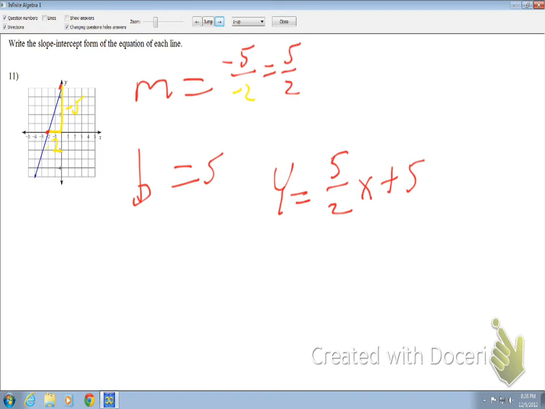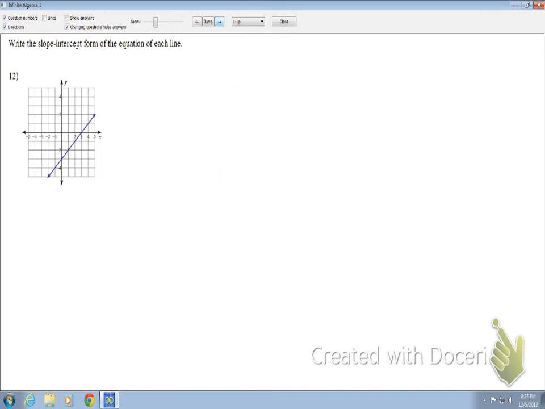All right, moving on to problem 12. Whoops, what do I have to do? Go there, problem 12, and here we go. In problem 12, I've got to find my slope and my y-intercept.